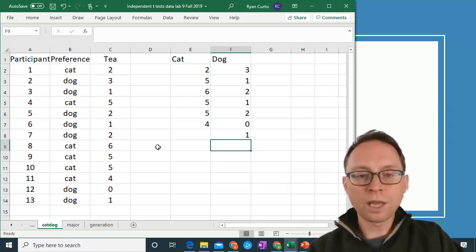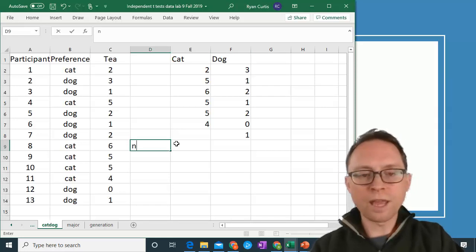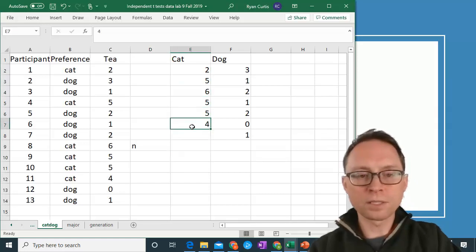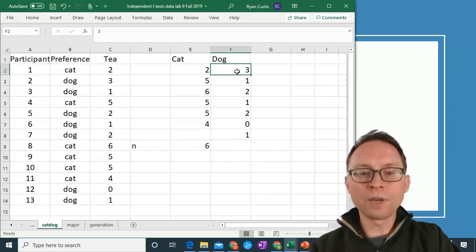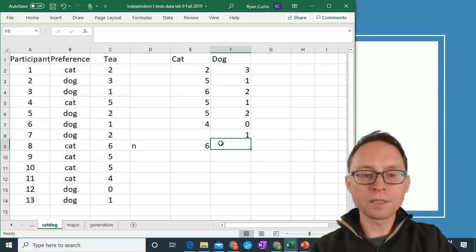So in this particular case, let's go ahead and do our N first. The N for cat people is 1, 2, 3, 4, 5, 6. There's 6 of them. Whereas the N for dog people is 1, 2, 3, 4, 5, 6, 7, which makes a lot of sense because there's 13 total people.